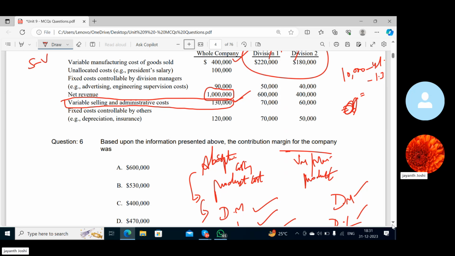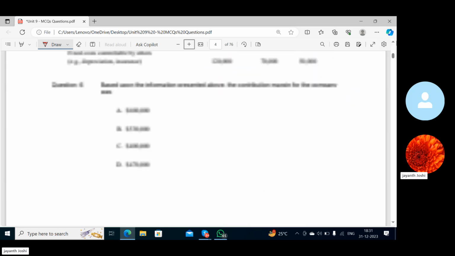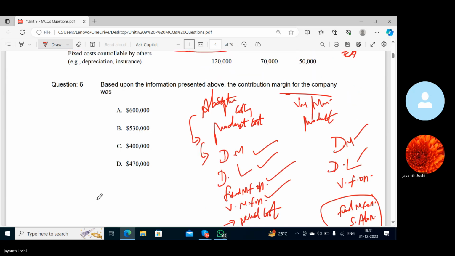Generally, we should not take them in both cases, but here, as I gave you in the screenshot, only variable production overheads are taken, and fixed production overheads plus selling and administrative expenses are all period cost. But they are specifically mentioning variable, so almost variable cost will be considered in this. It's a controversial thing, but things are not clear, so we are going as per the info.